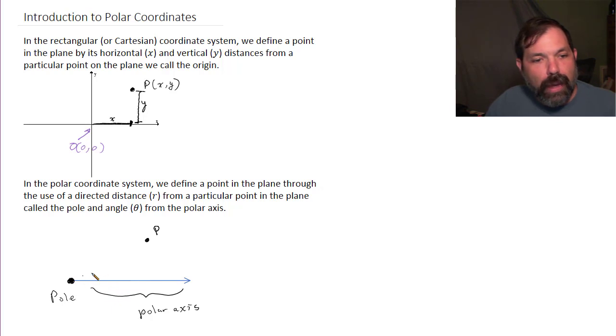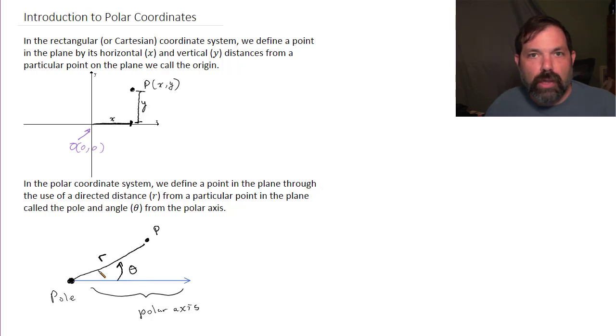We think of how far it is, its absolute distance from the pole. So I think of this distance from the pole. Let's call this distance r. And I think of its directed angle from the polar axis. So I think of this angle here, theta, where theta is measured the same way we've been measuring so far.